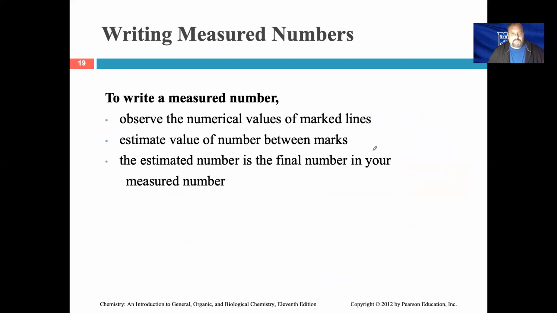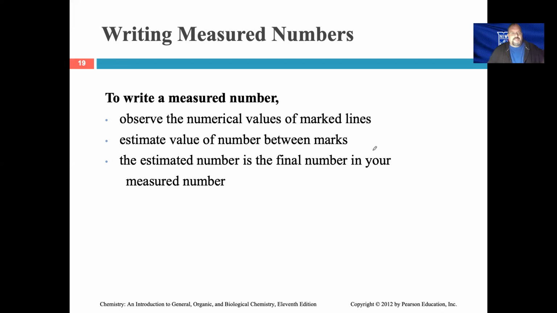Now, a lot of times what happens is that your measurement, whether it's length, whether it's volume, whether it's temperature, whatever you're measuring, you don't usually get the final part of it on a marked line. If you think about the liquid in the graduated cylinder, a lot of times the bottom of the meniscus doesn't fall exactly on one of the markings.